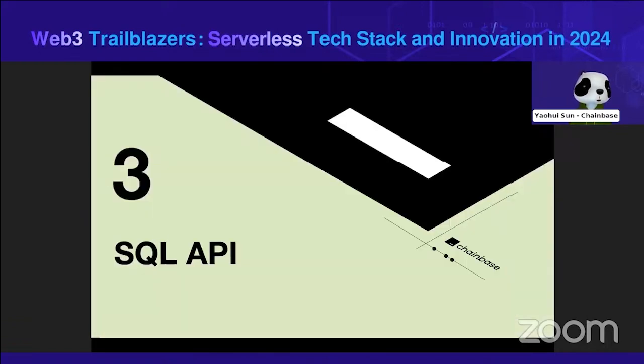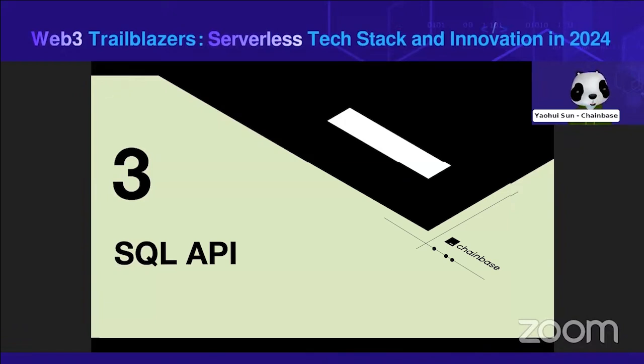Our Web3 API, defined and fine-tuned by Chainbase, provides a comprehensive dataset catering to a broad range of applications. We recognize that sometimes our users have more specific requirements. This is where the SQL API comes into play.